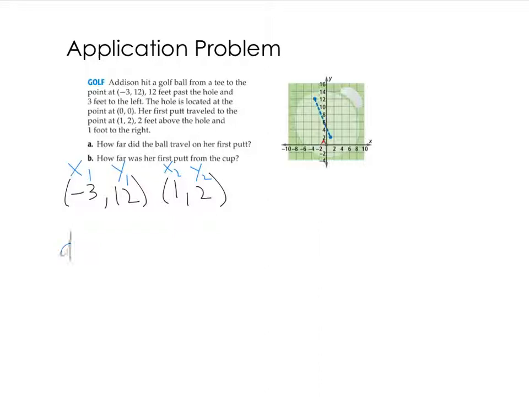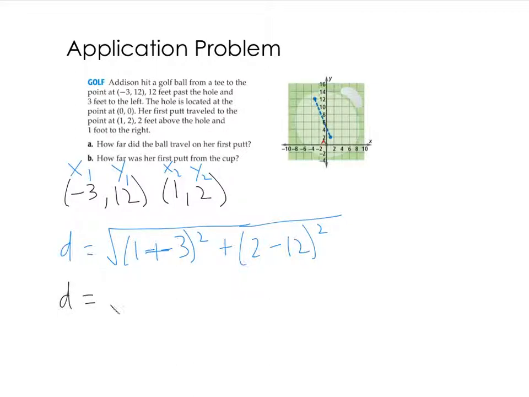So distance equals the square root of x2, so 1 minus -3. 2 negatives together give me a plus, the quantity squared, plus 2 minus 12, the quantity squared. And then now I'm going to simplify. So distance equals 1 plus 3 is 4, the quantity squared, plus 2 minus 12 is -10 squared.